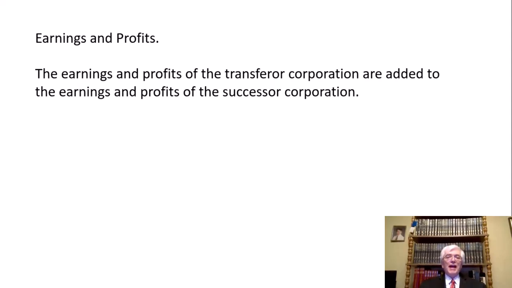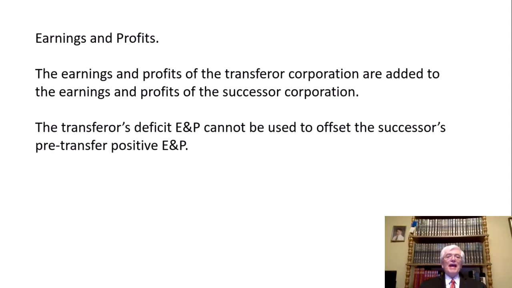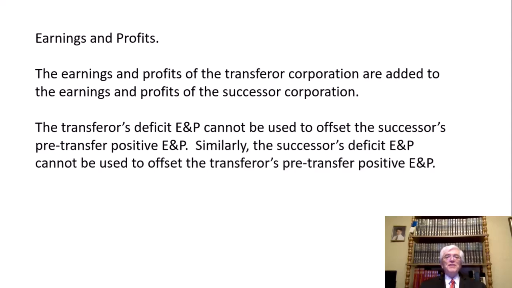The only issue that arises, you cannot use a transferor's deficit earnings and profits to offset the successor's pre-transfer positive earnings and profits. And vice versa. You can't use the successor's deficit earnings and profits to offset the transferor's pre-transfer positive E&P. So if one's negative and the other's positive, you can't offset them.